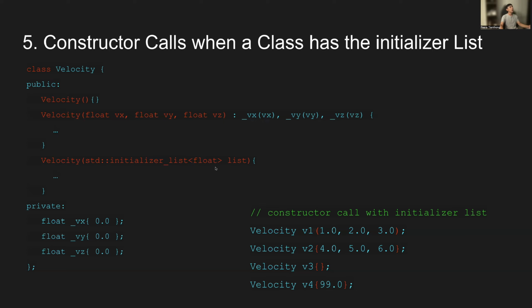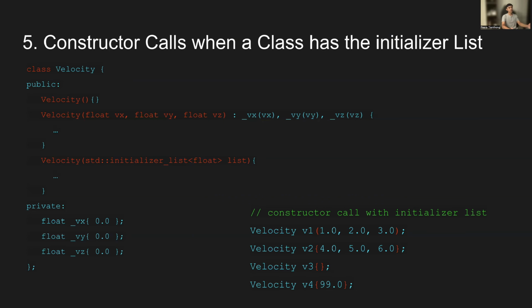So this list contains objects of type float. But for the constructor call here, you have 4 different cases. First one is the usual, using the parentheses. Second one uses braces with multiple arguments. Third one is empty braces.